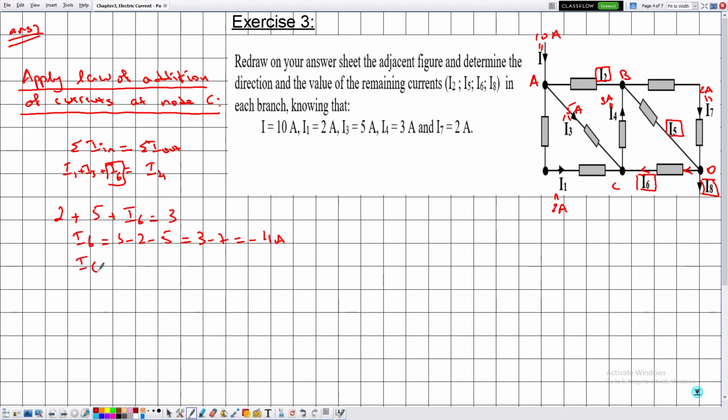So what does I6 equal to minus 4 amperes represent? It means that my choice of this direction is wrong. We need to switch the direction. So the real direction of the current I6 is from C to D, and the value of I6 is 4 amperes. Okay.